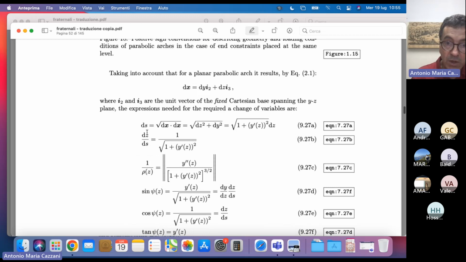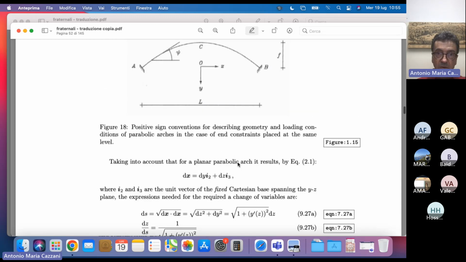So we can write down that dz over ds is this expression, and from this it follows that the expression of curvature can be given this form, which involves the second derivative of y with respect to z on the numerator, and in the denominator 1 plus the square of the first derivative, to the power 3 halves.